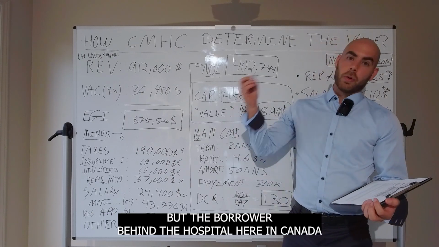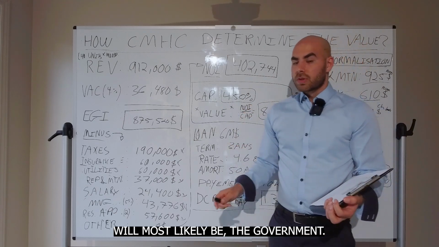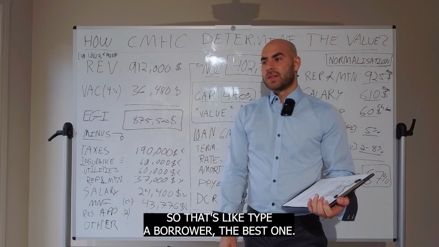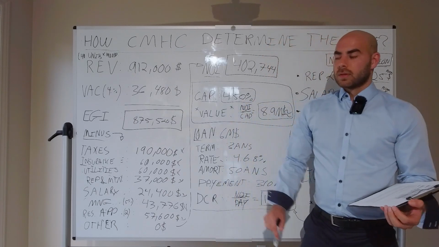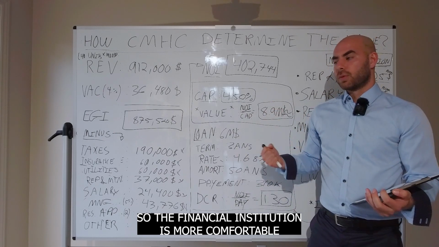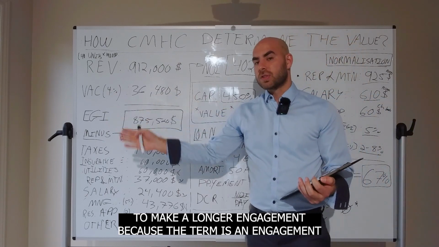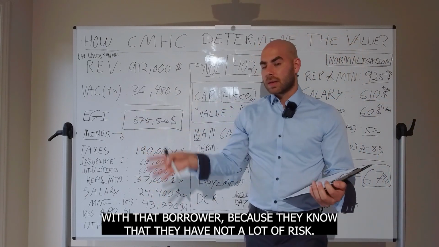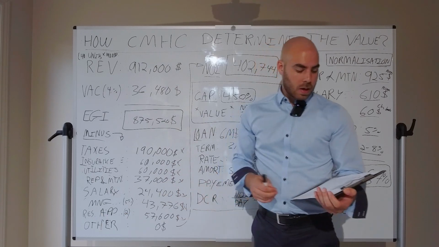But the borrower behind the hospital here in Canada will most likely be the government. So that's like a type A borrower, the best one. So the financial institution is more comfortable making a longer engagement, because the term is an engagement with that borrower, and they know that there is not a lot of risk.